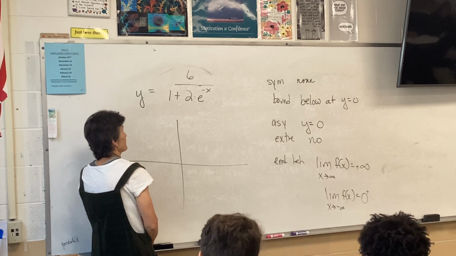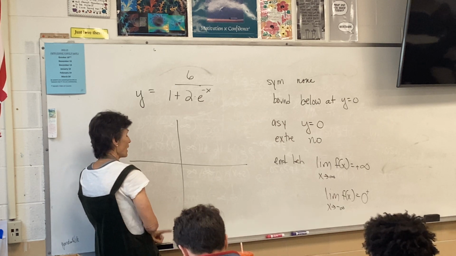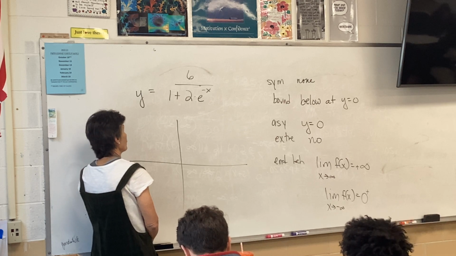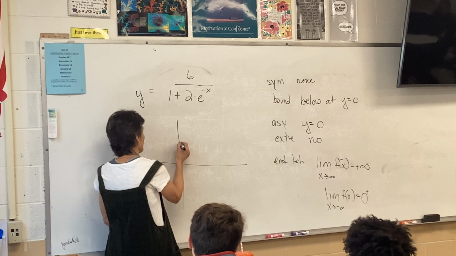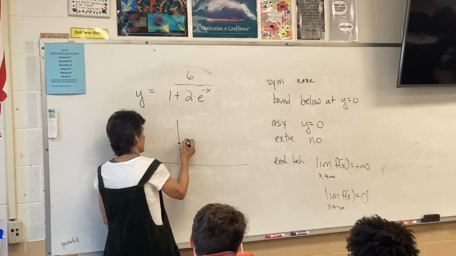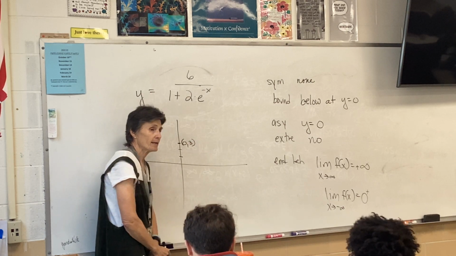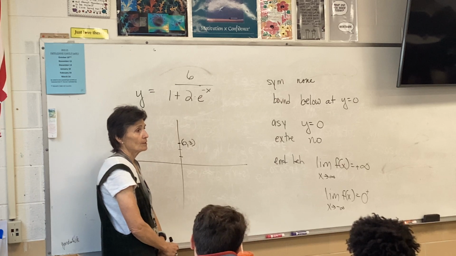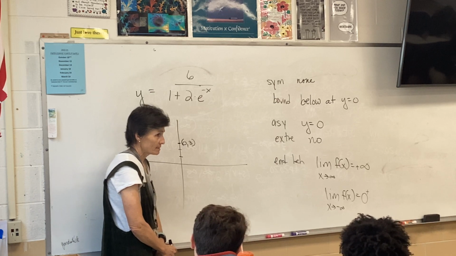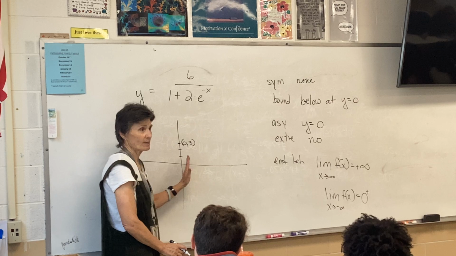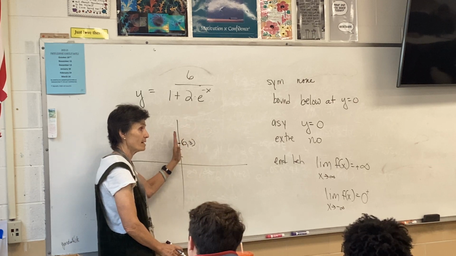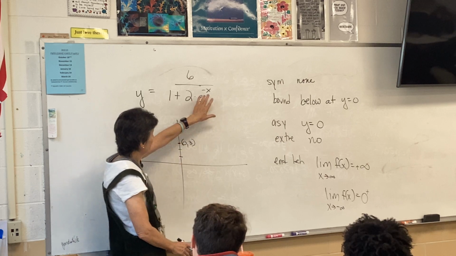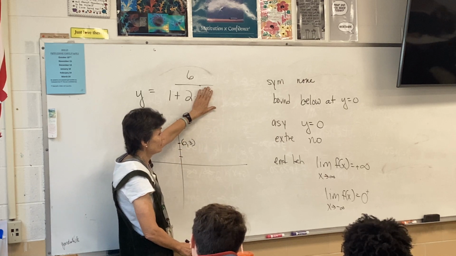Where's the y-intercept? Remember how you find y-intercepts. I'm hearing 0, 3. How do you find a y-intercept? Let x be 0. That never changes. It doesn't matter what kind of equation it is. If you're on the y-axis, x has got to be 0. So if you put a 0 in here, that's 1.